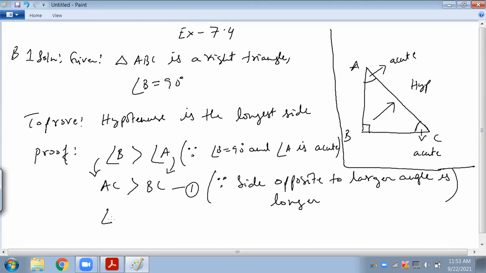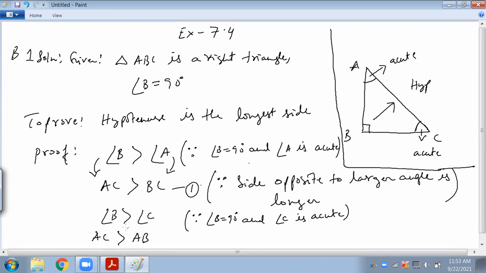Again, we can take angle B greater than angle C. Why? Same reason, since angle B is 90 and angle C is acute. So angle B is greater than C also. And if B is greater than C, opposite to B is AC, AC will be greater than opposite to C, which is AB. The side that is opposite to angle C is AB.